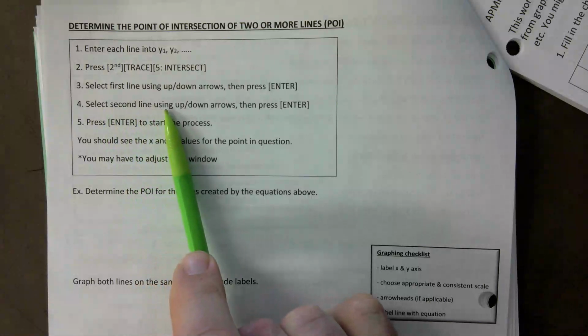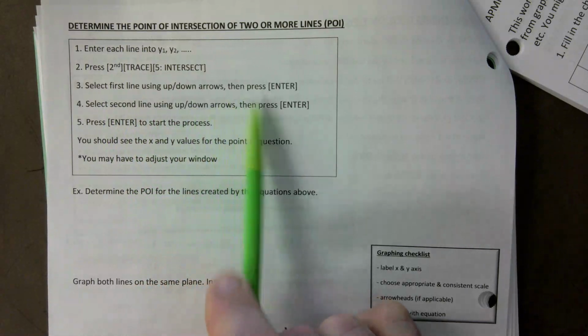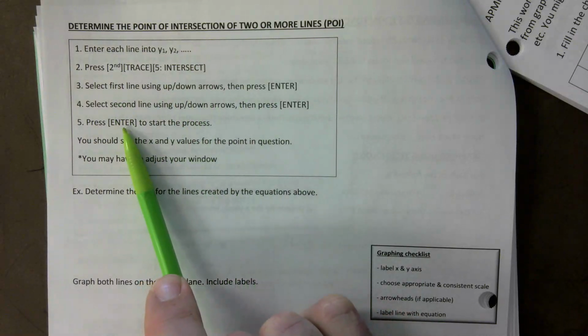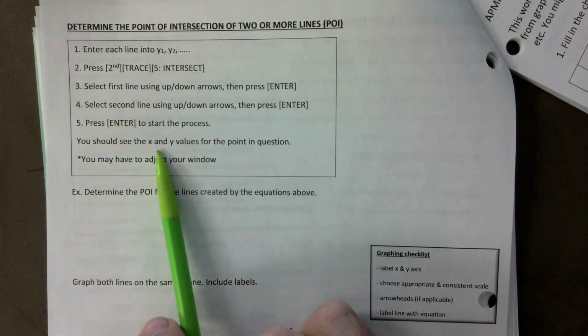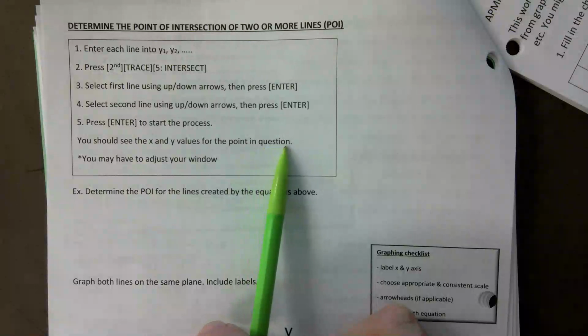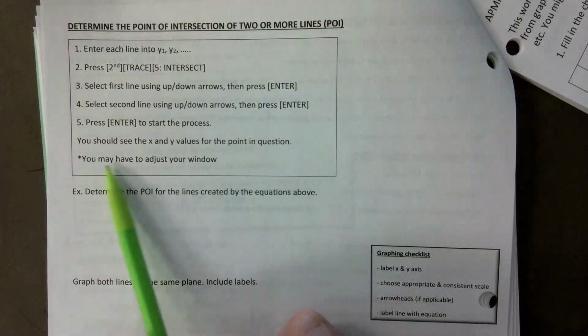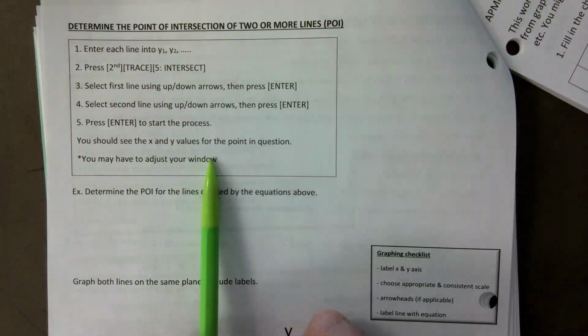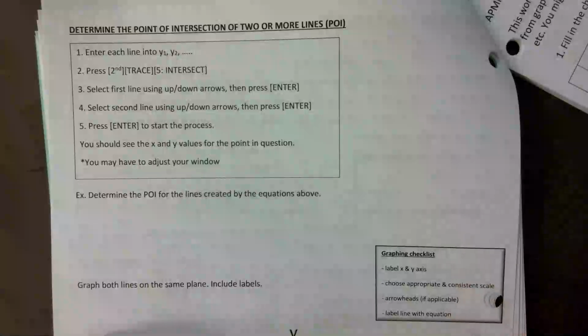Select the second line using up and down arrows, then press enter. And then it'll say guess, press enter one more time to start the process. You should see the X and Y values for the point in question. You may have to adjust your window to make this happen, just so you know. You want to see where they meet, okay?